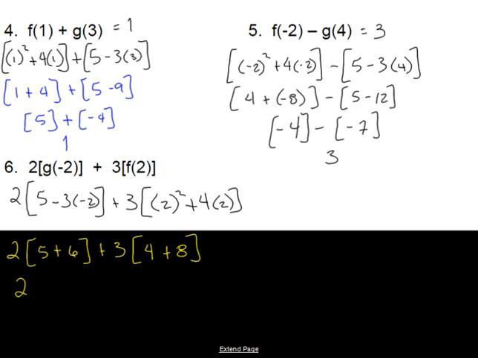I'm going to have 2 times 11 plus 3 times 12. So I have 22 plus 36, 58. So the answer here is 58.